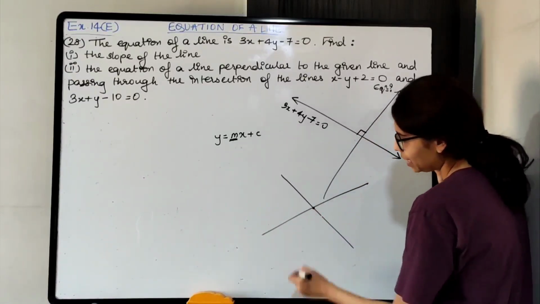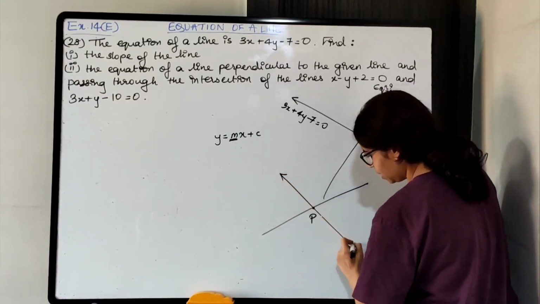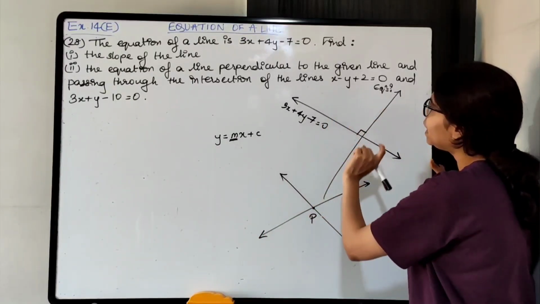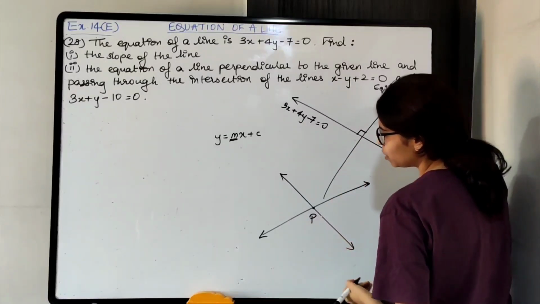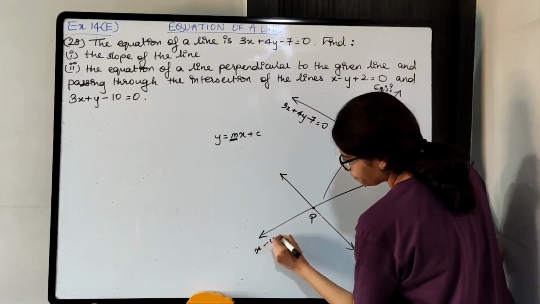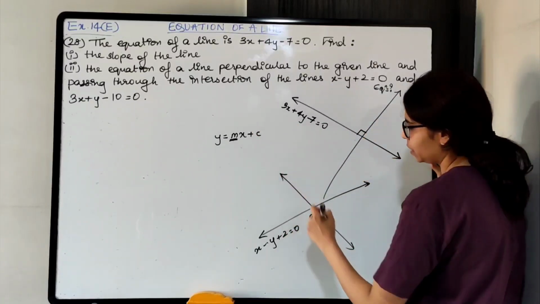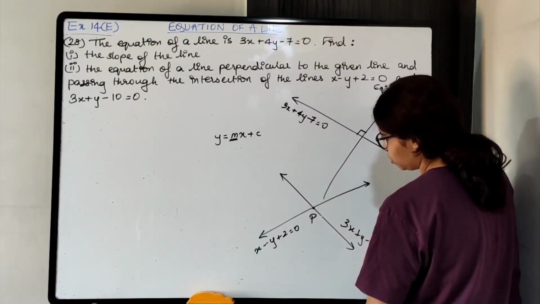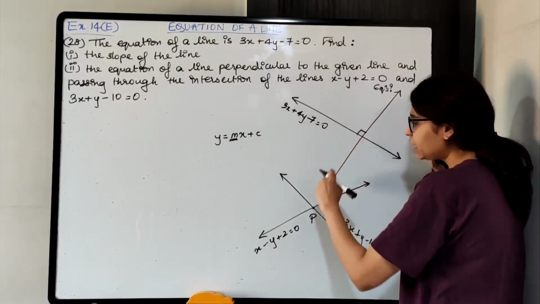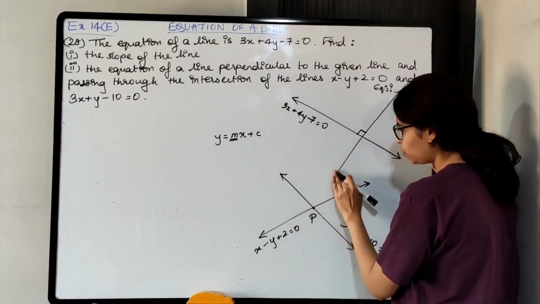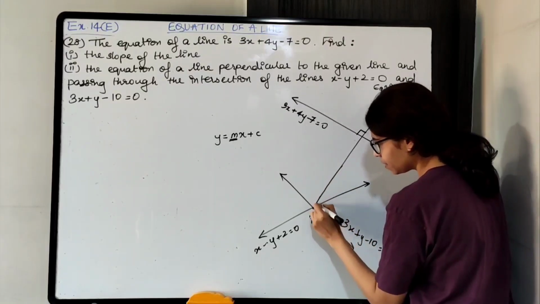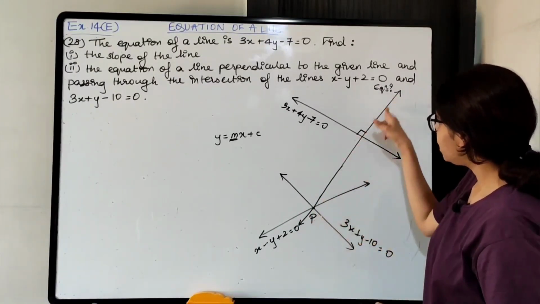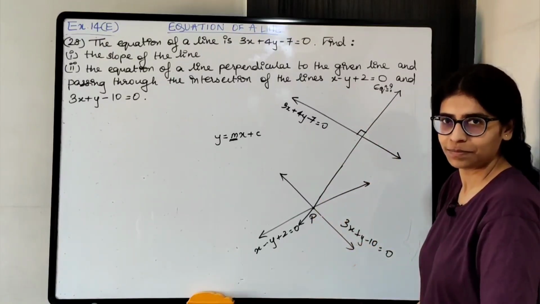Let this point be P. So ये two lines का equation दिया हुआ है. एक line का equation है x - y + 2 = 0 and दूसरे line का equation है 3x + y - 10 = 0. So this perpendicular line is passing through P.